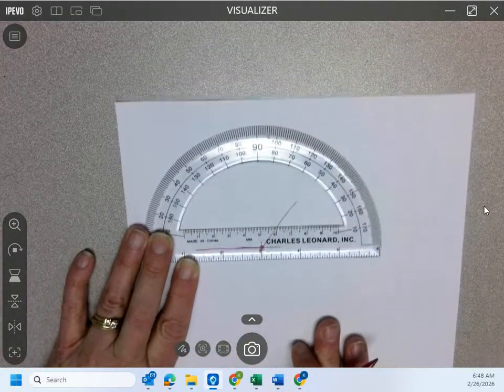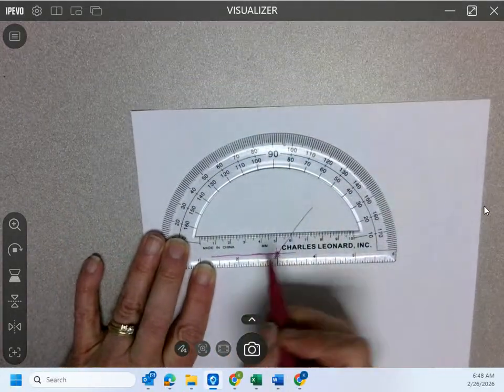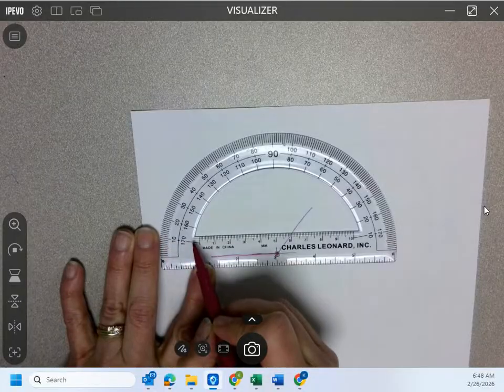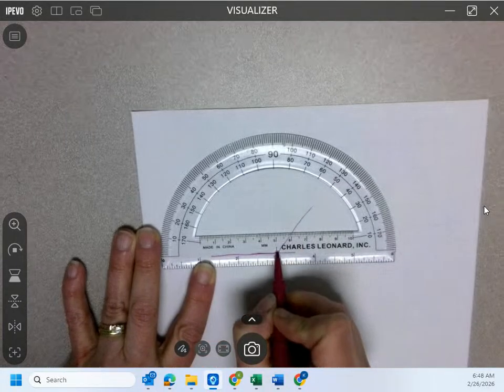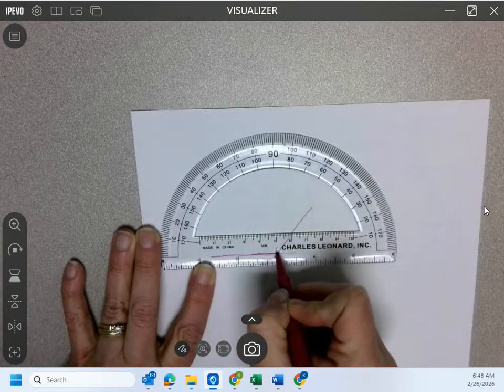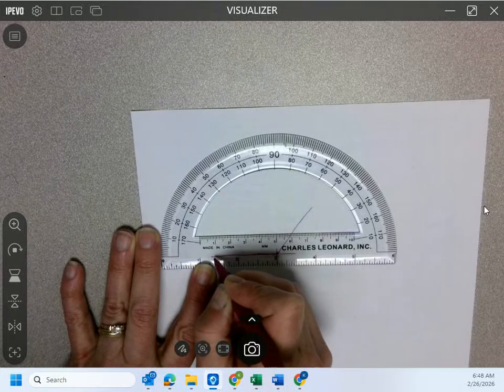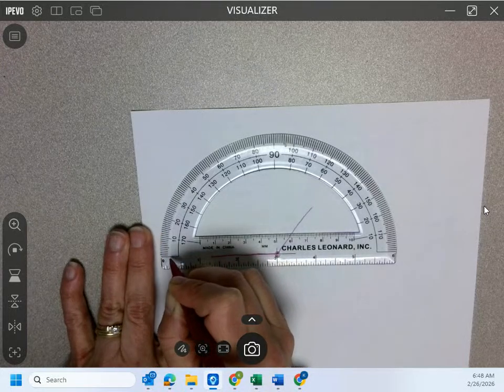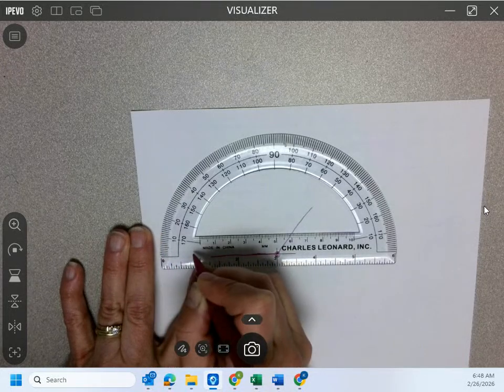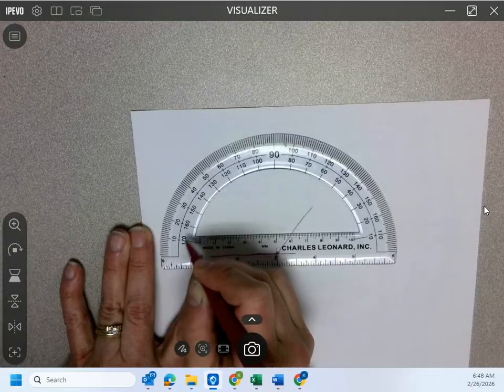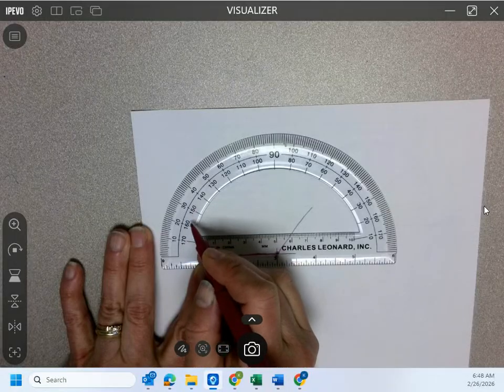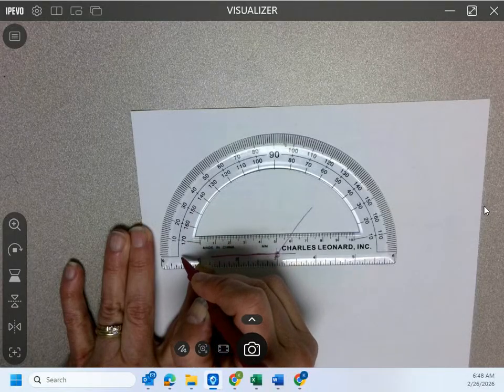Now, to know which number I'm going to use, am I going to use the outside numbers or the inside numbers? I go to my vertex, I follow the angle line over to the side to where the 0 is. On the inside, I can see it says 150, 160, 170.